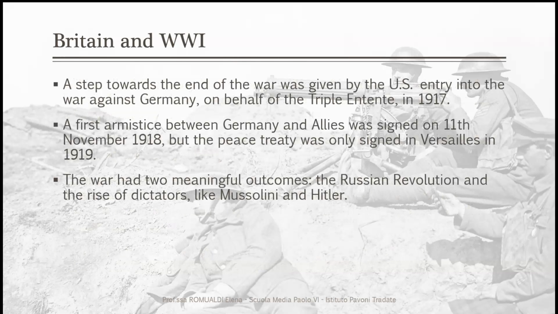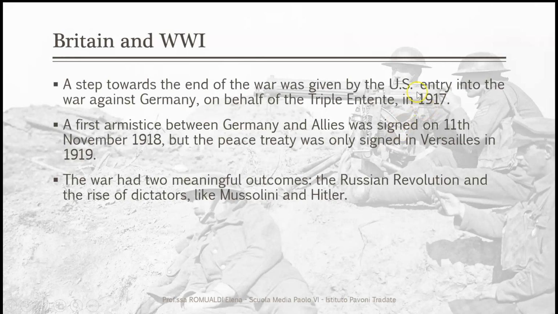This long war, more than 3 years had passed when eventually the United States decided to enter into the war against Germany, on behalf of the Triple Entente, in favor of the Triple Entente. If you think of the beginning of the war, 1914, 1917, so 3 years had passed, and Britain was almost dying, collapsing with this war.